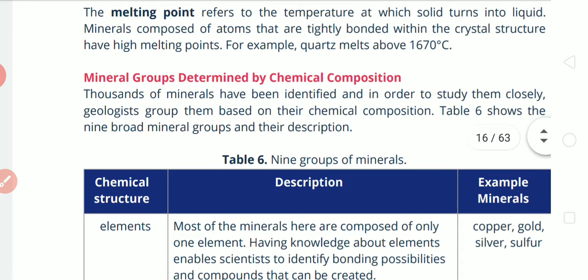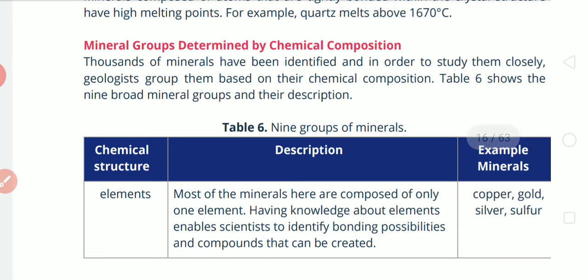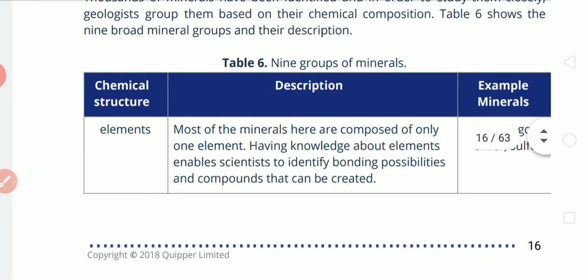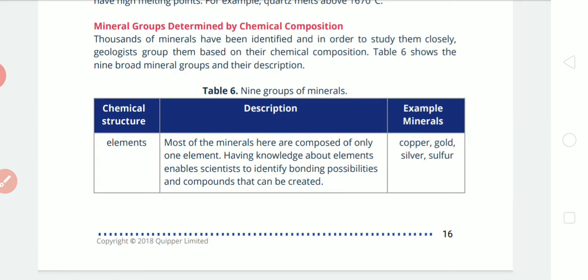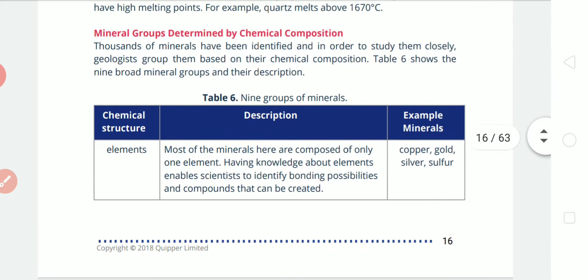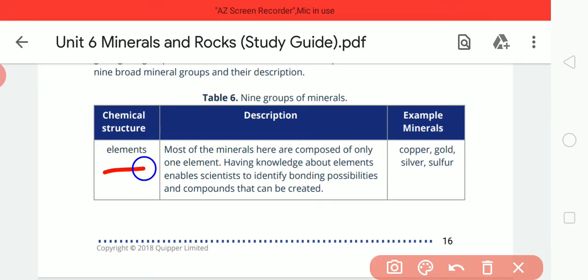Okay. So here are the mineral groups that are determined by the chemical composition. So actually, it has 9 groups of minerals. So first one is elements. Most of the minerals here are composed of only one element. Having knowledge about elements enables scientists to identify bonding possibilities and compounds that can be created.